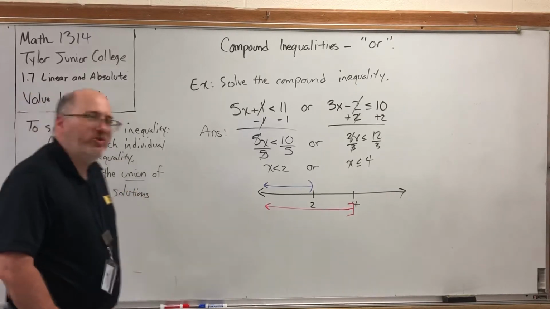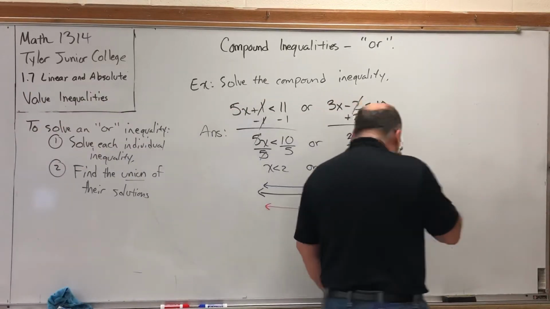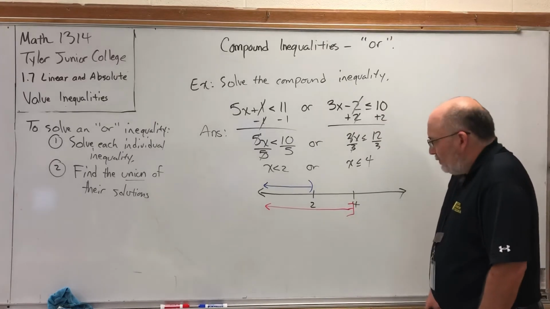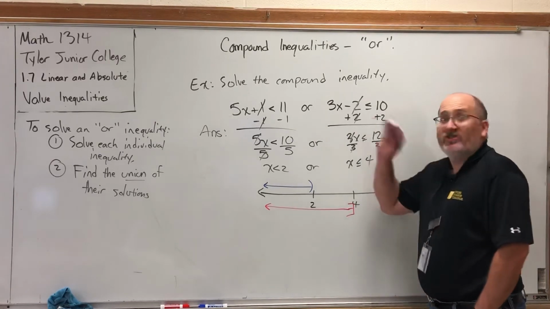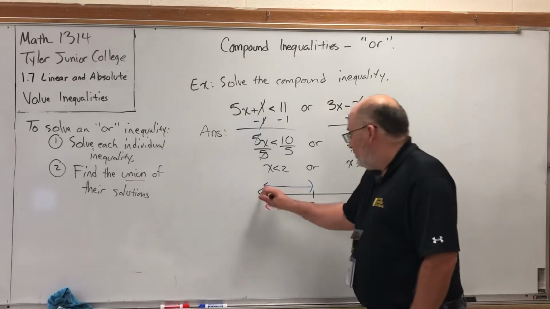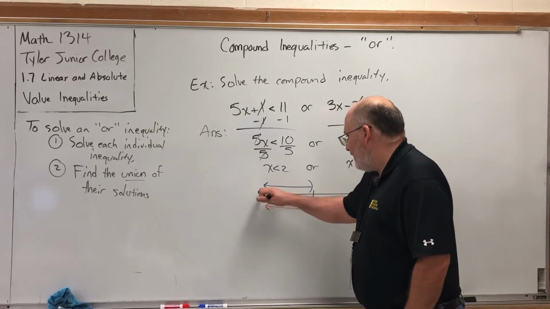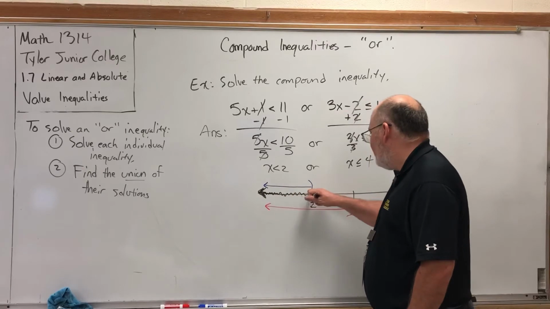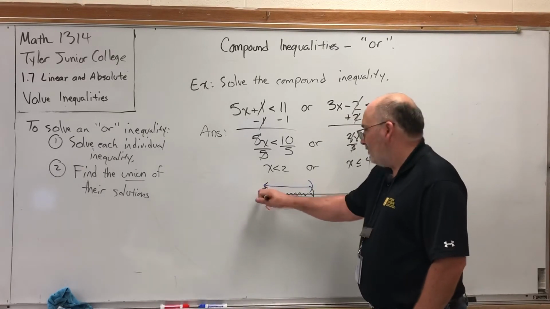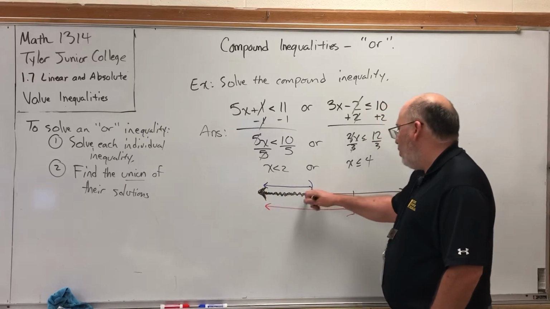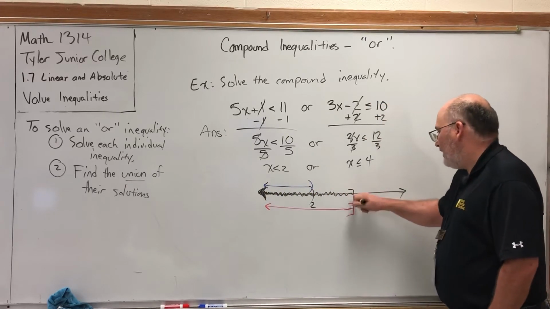So we just have to join these together. And remember how union works. We can put both intervals on the same number line, and the union is everything that got shaded in. The first interval started at negative infinity, went all the way to 2 and then a parentheses. But the second interval also started at negative infinity, but went all the way to 4 with a bracket.